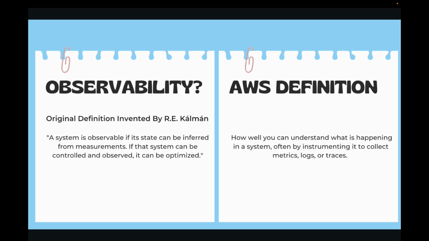It's all about how well you know your infrastructure, how well you know the applications running on AWS, how well you know the databases, whatever workloads you're running, how well you understand what is happening with them. You can do it with metrics, logs, or traces. So that is the gist of observability.